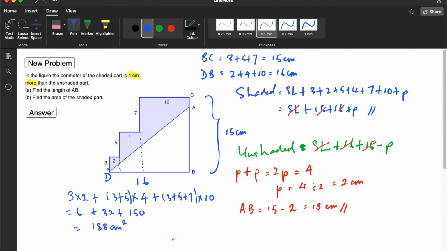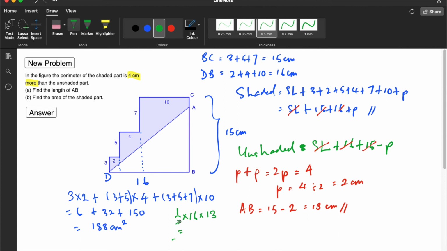Then we have to minus off the area of the triangle. What is the area of the triangle? It is half multiplied by the base, which is 16, multiplied by the height, which we have just calculated, which is 13.